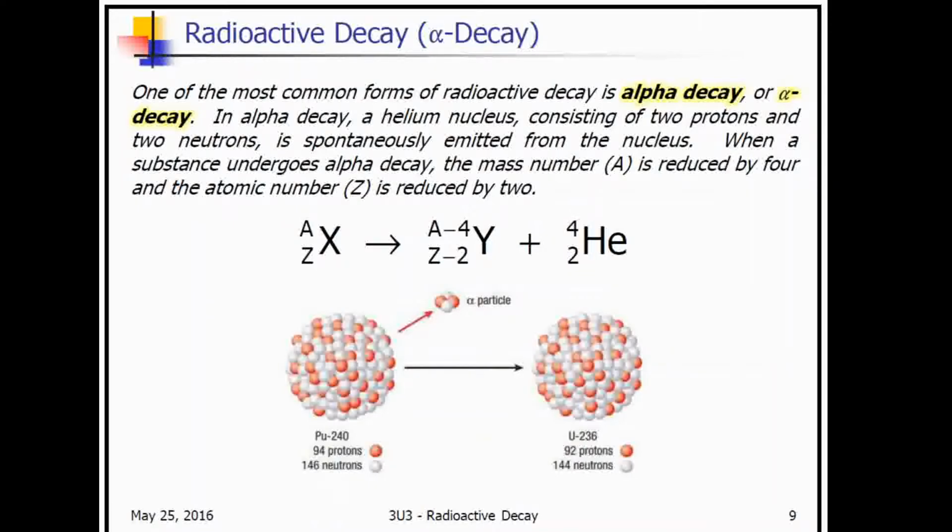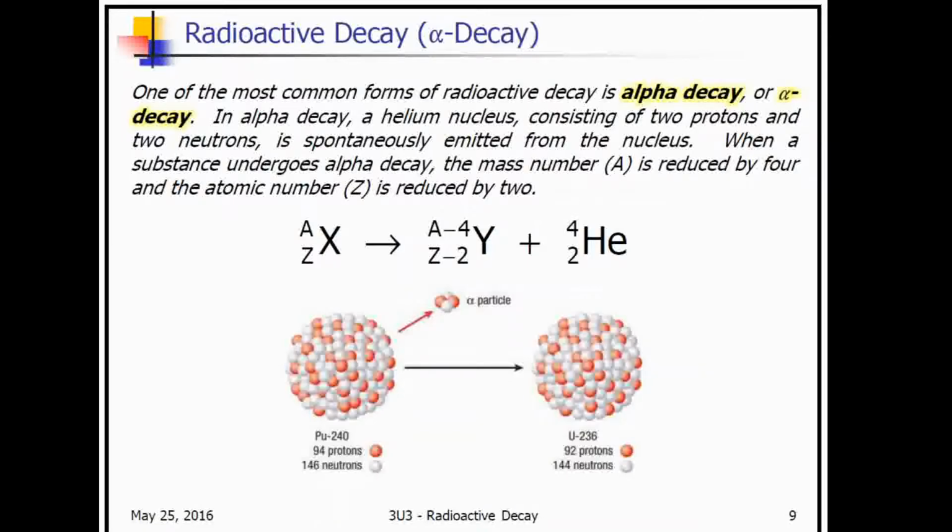And I should also mention, when we see these written here, you see A, Z on the left and then the X. The A is our atomic mass, the mass number. The Z is our atomic number. And that A is always rounded. So in this case here, X can be anything. So this is the formula for alpha decay.